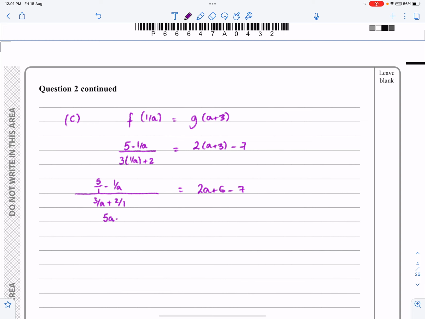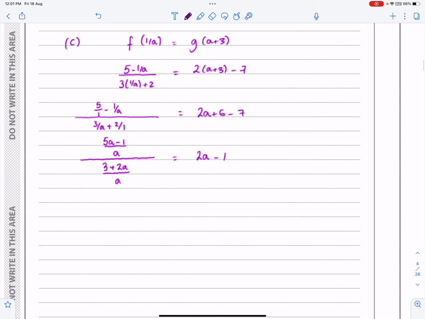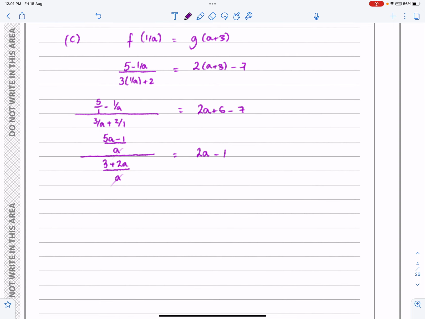I'm going to get 5a minus 1 all over a divided by 3 plus 2a all over a. All of that equals, what's that, 2a minus 1, isn't it? So if I'm now doing this left-hand side, basically those two will just cancel out. So I'm actually going to get 5a minus 1 over 3 plus 2a equals 2a minus 1.